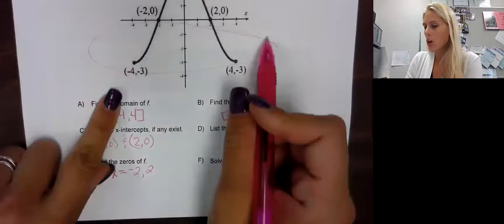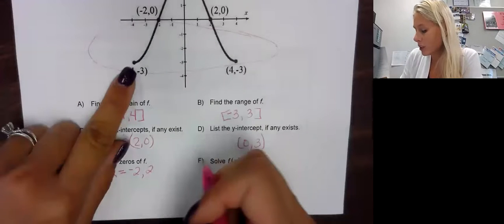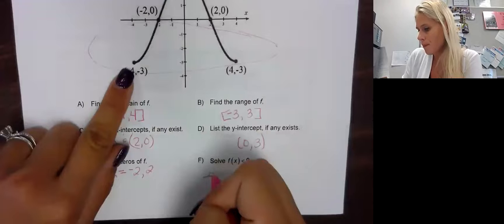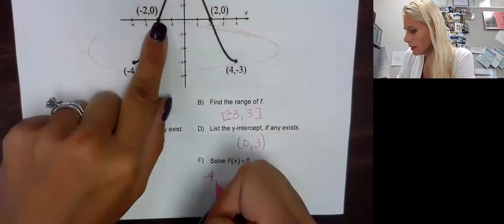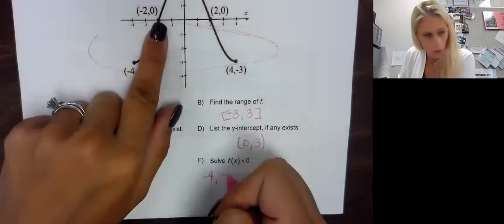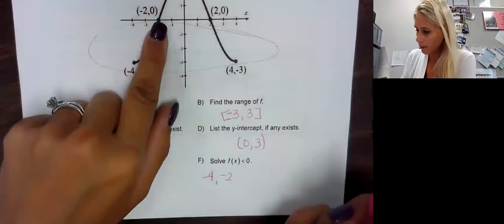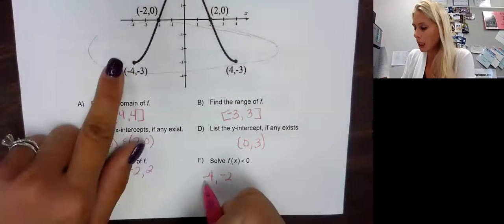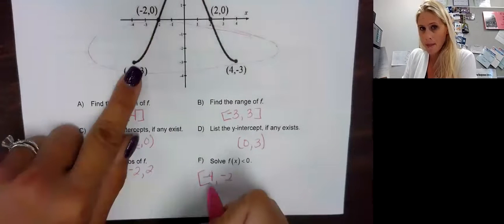Where does this lower end start? It starts at -4 and goes to -2. Now it is starting under, so that's a bracket.